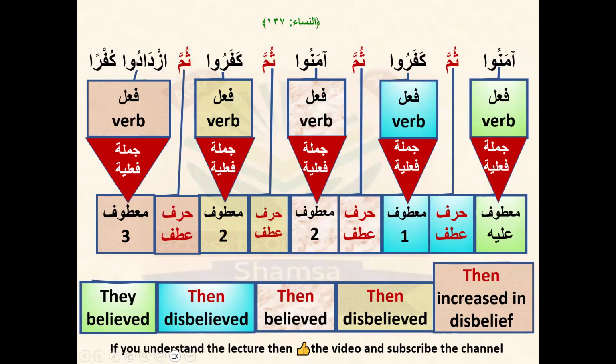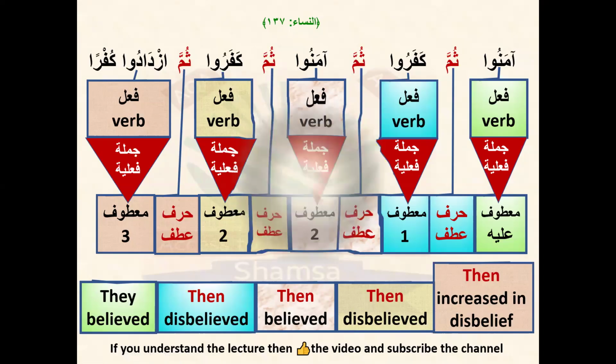And after disbelieving, after some delay, they believe again. And after believing, not immediately, after some time, they disbelieve again. And after this they go on increasing in disbelief. So that's why they use summa here. I hope you understand why summa is used for sequence after delay.